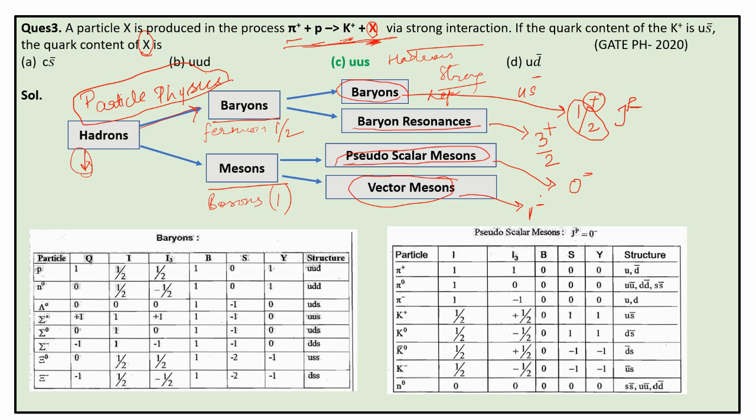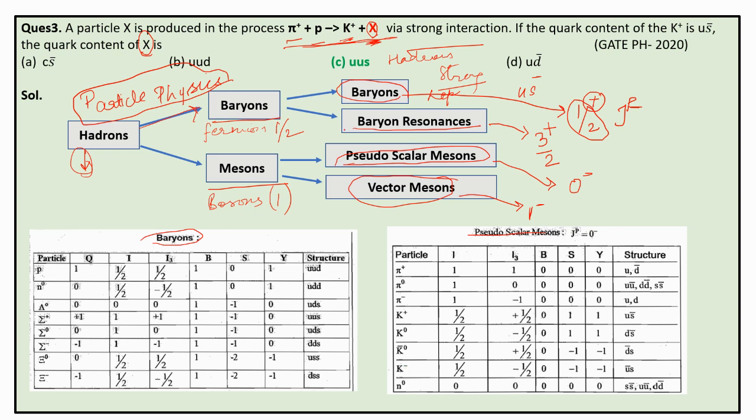These are the hadrons. In baryons, you can see that this octet contains 1, 2, 3, 4, 5, 6, 7, 8 particles, and the pseudoscalar mesons again contain 8 particles.